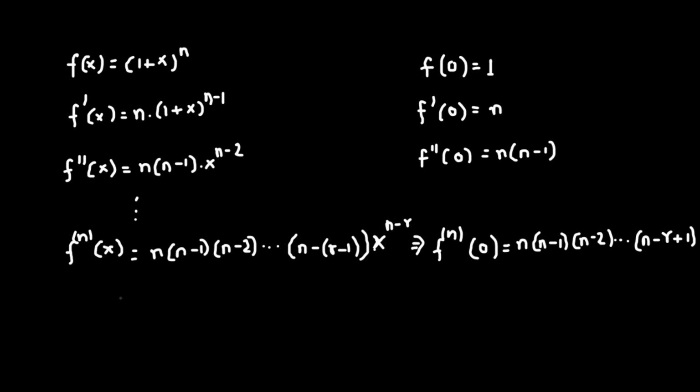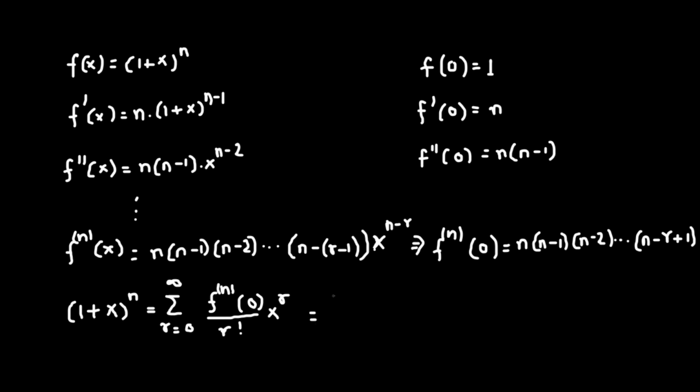So what we're going to do now is use our Maclaurin series, which says that given the expression f(x), which is (1 plus x) raised to the power of n, that will be equal to the summation, r goes from 0 to infinity, of the rth derivative of function f calculated at 0 divided by r factorial times x raised to the power r.